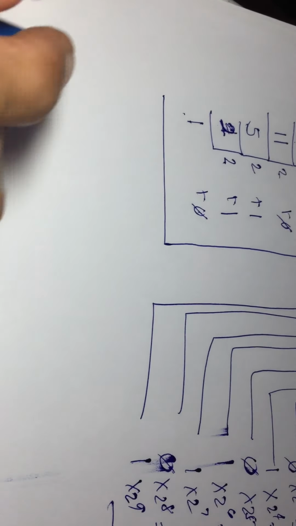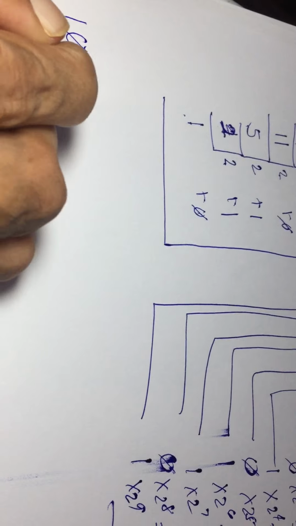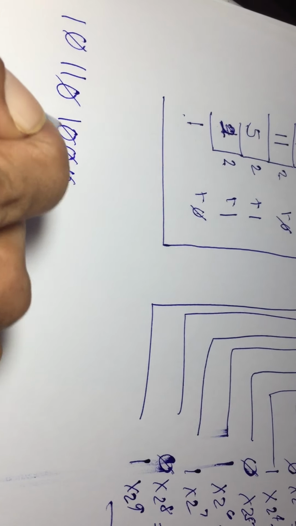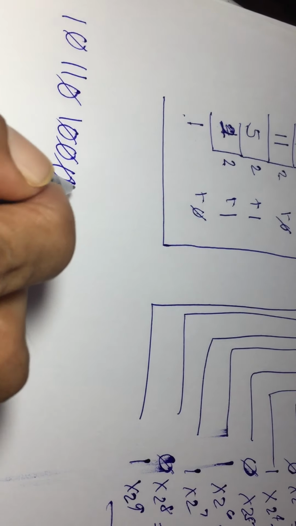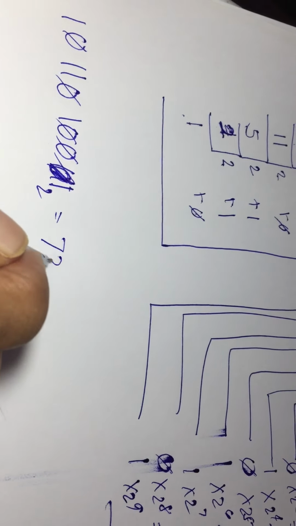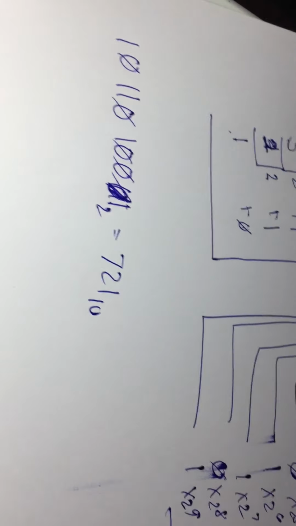So, yung 1 0 1 1 0 1 0 0 0 1 base 2 is equivalent to 721 of base 10. Okay?